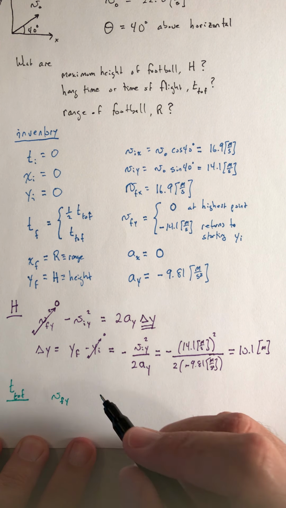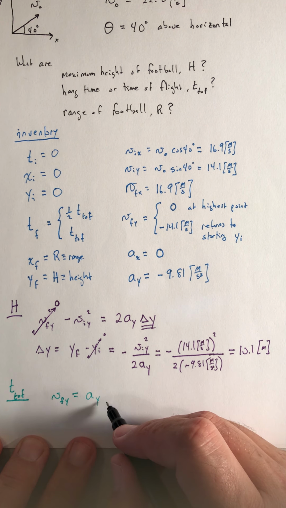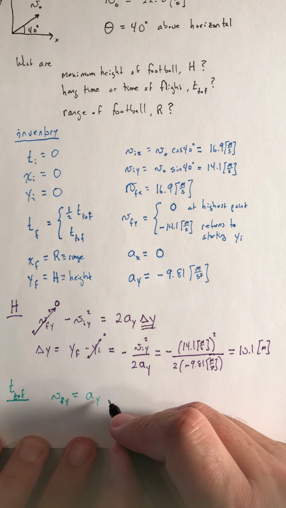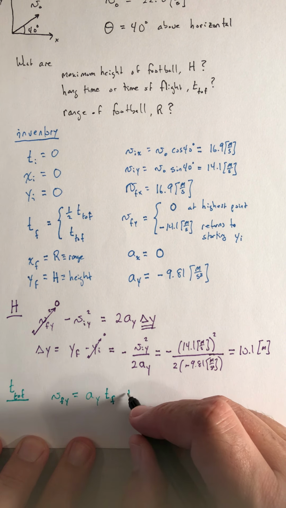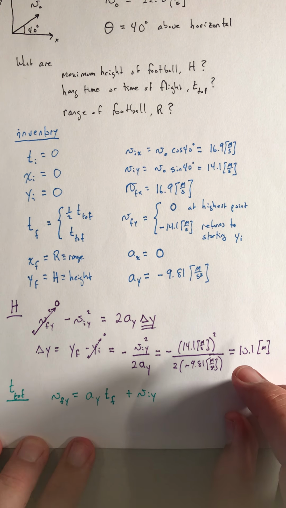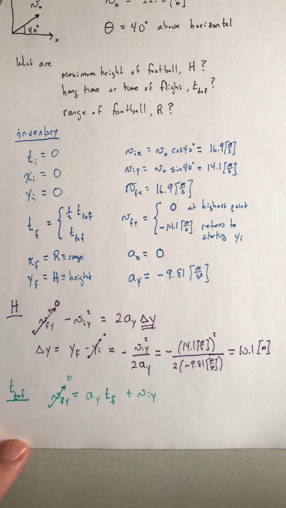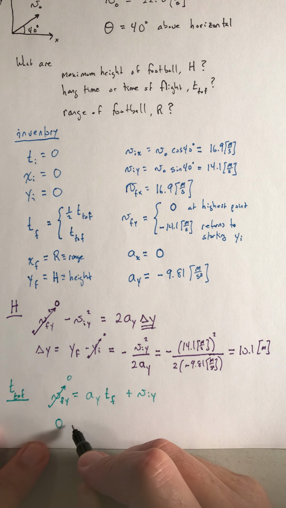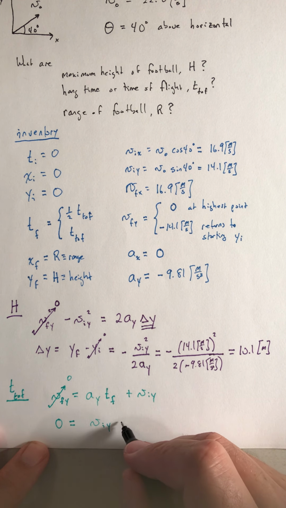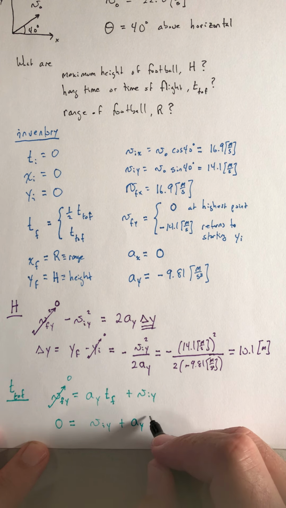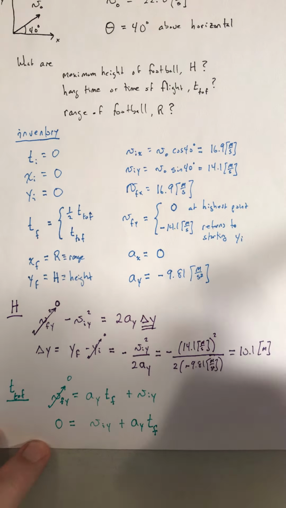So v final y is going to equal acceleration along the y direction times delta t, but delta t is equal to t final plus the initial y velocity. At the highest point, that's 0. So we're going to have 0 is equal to v initial y plus acceleration on the y direction times the final time, and the time to reach the highest point.